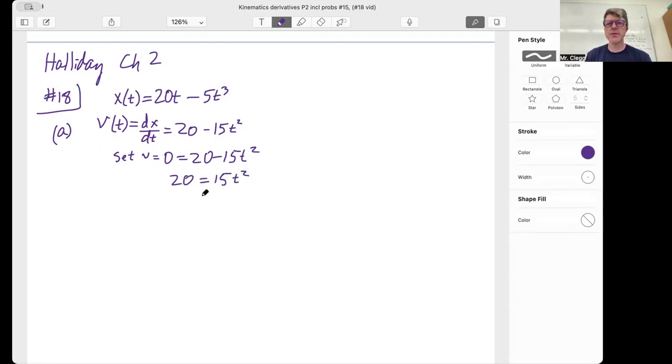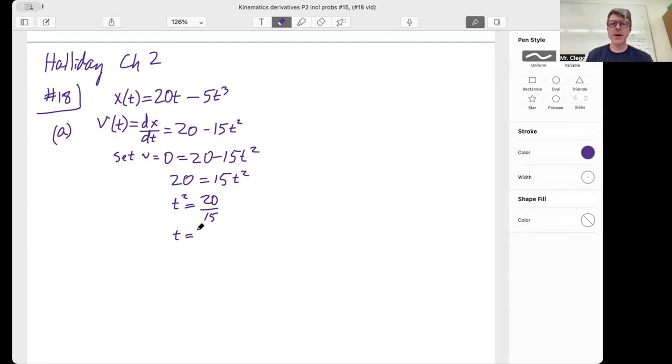It looks like we can divide both sides, so we get t squared equals 20 over 15. So t is the square root of that, and it could be the positive or negative square root. It looks like there could be a negative time.